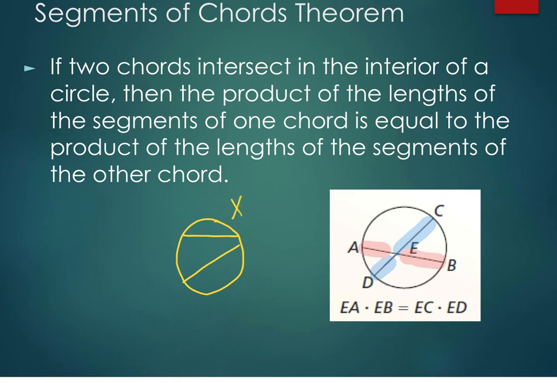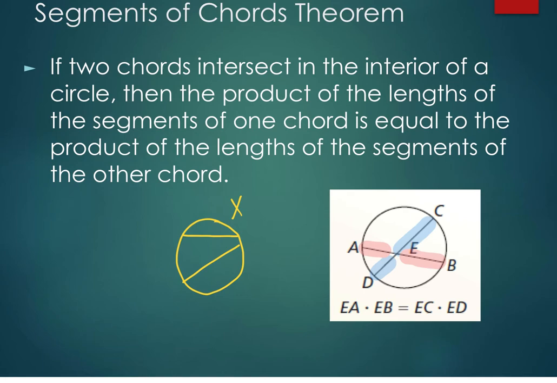We wouldn't be able to apply it, first of all, because the chords don't really have any segments, right? They're just 2 solid chords. They don't intersect each other at all, okay? So the chords have to intersect, and then once they intersect, they'll be divided into 2 different segments. Each of those segments multiplied by each other will be the same for both of the chords. Okay.